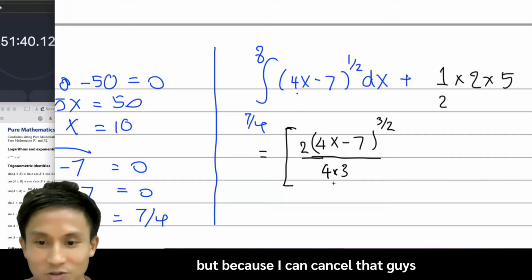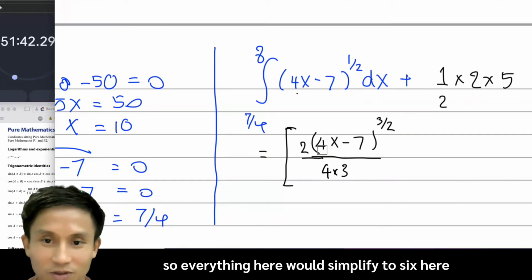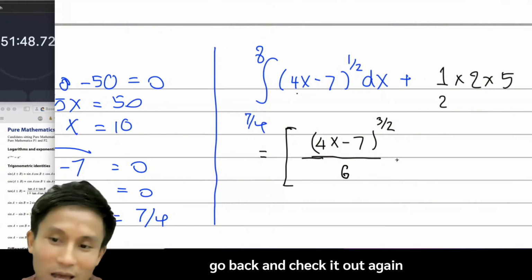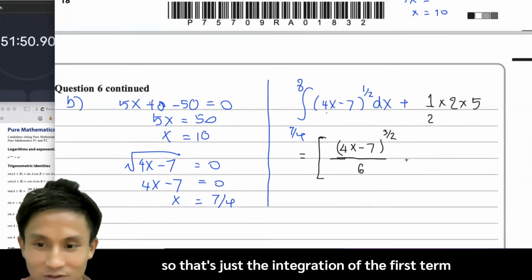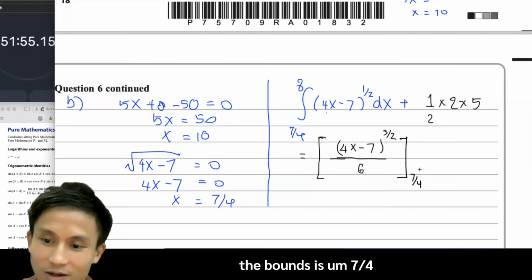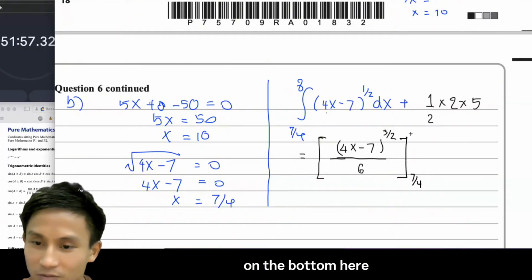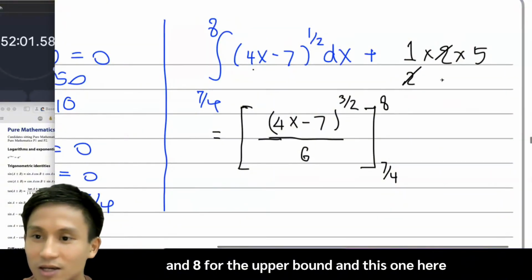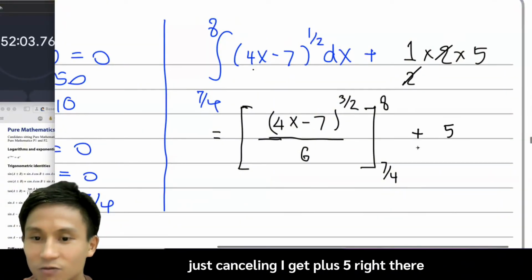But because I can cancel that, guys, everything here would simplify to 6 here. If you're not happy with this, just go back and check it out again. So that's just the integration of the first term. The bounds is 7 over 4 on the bottom here and 8 for the upper bound. And this one here, just canceling, I get plus 5 right there.